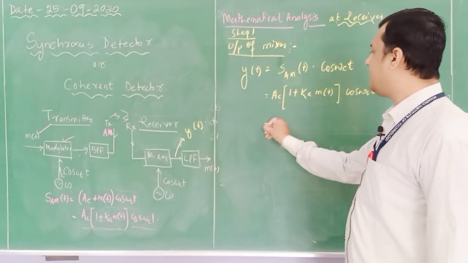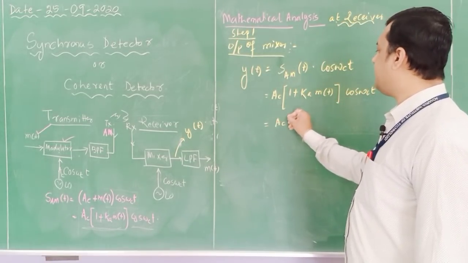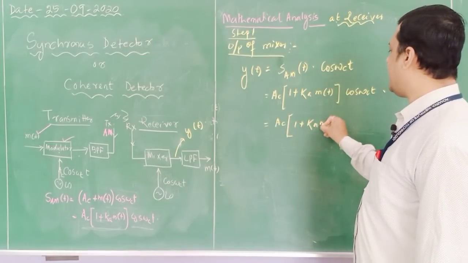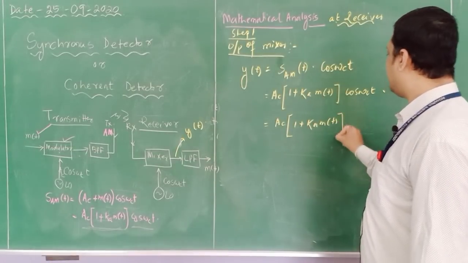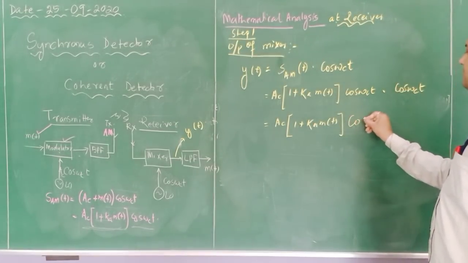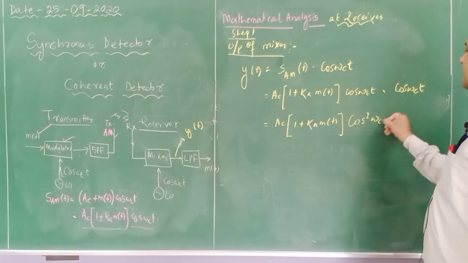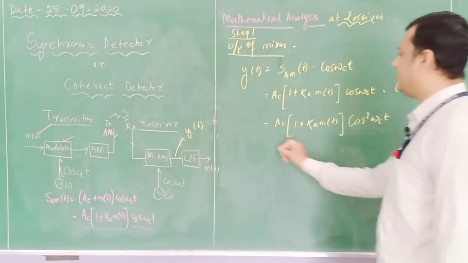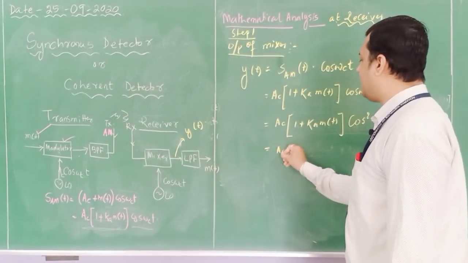frequency. Now if I solve, I will get Ac (1 + Ka m(t)), and if I multiply these two factors, I will get cos square omega c t. Expand this component.